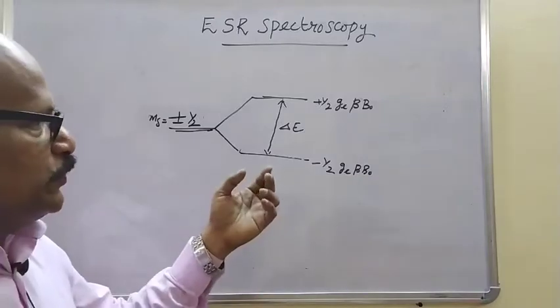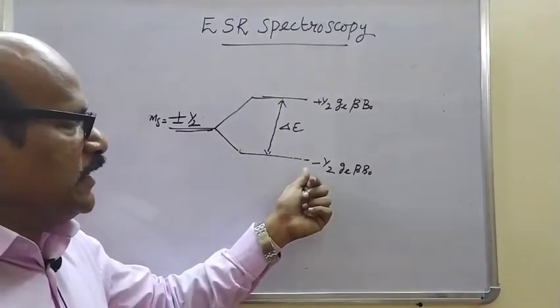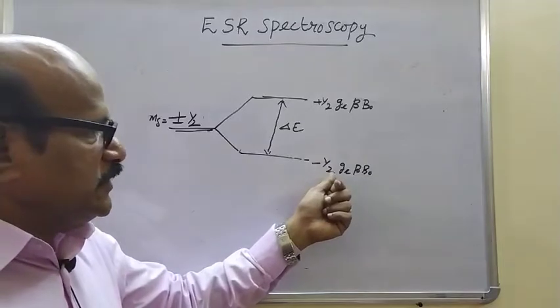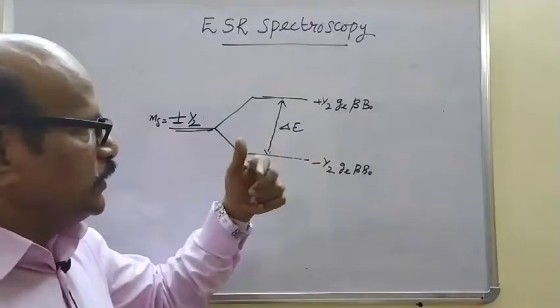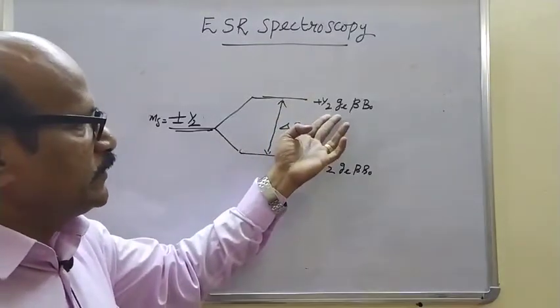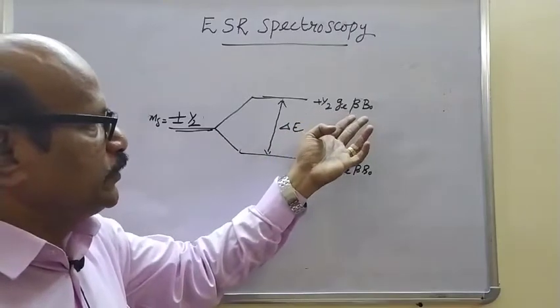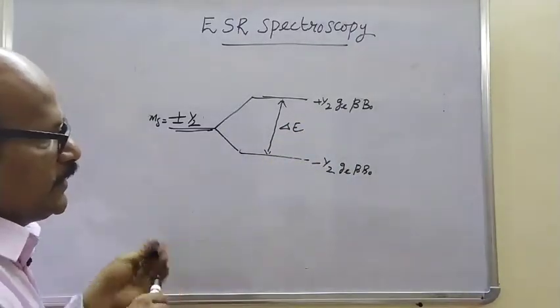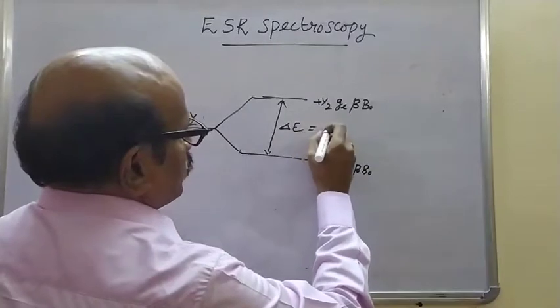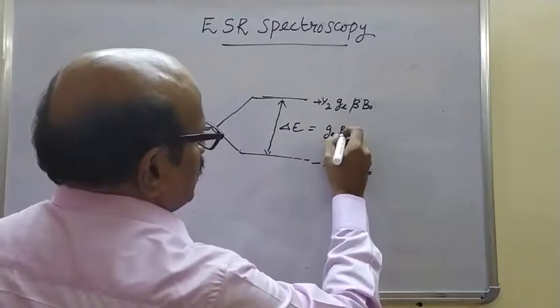That is, a lower energy level with minus half g beta B0 and a higher electronic spin level with plus half g beta B0, with a spacing delta E equal to g_e beta B0.